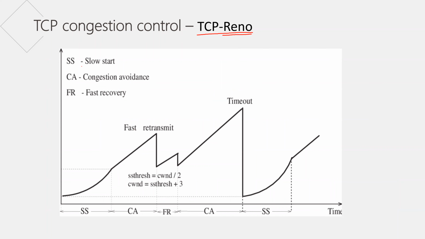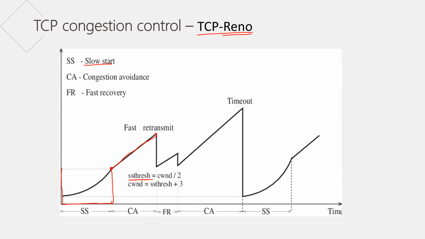In the first stage, we use slow start, in this part. And it will reach a value we call SSTHRESH, the slow start threshold. We will set a number for this value. So once we reach this point, we will change our strategy to AIMD. And then we keep going.